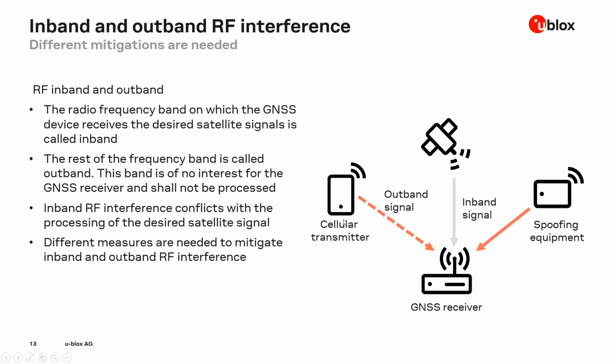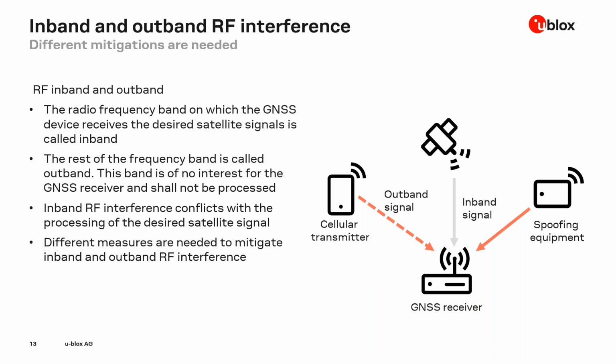Basically, the radio frequency band on which the GNSS device receives the desired satellite signal is called the in-band, and the rest of the frequency band is called out-band. The out-band is not of interest for the GNSS receiver. In the in-band, of course, there is a conflict.